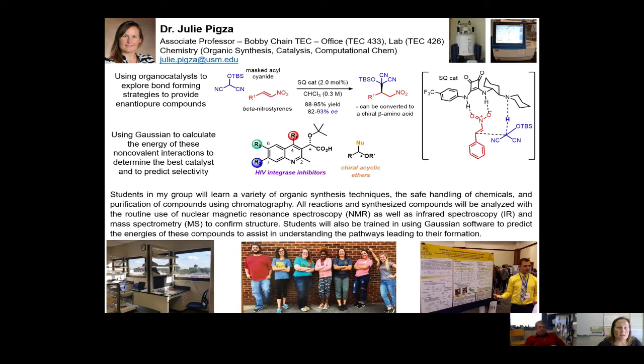You usually contribute a portion of a project that one of those students is already on. For example, in the middle of the slide, I have that reagent in blue called mask acyl cyanide, and in red. Both of those need to be synthesized. Usually new students would start by making the materials needed for reactions. You're doing steps over and over again and learning the techniques in the lab, which is important.